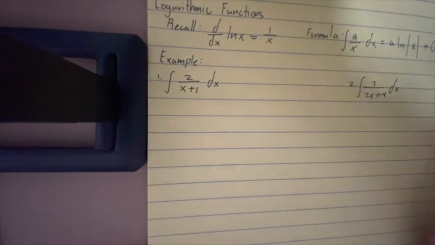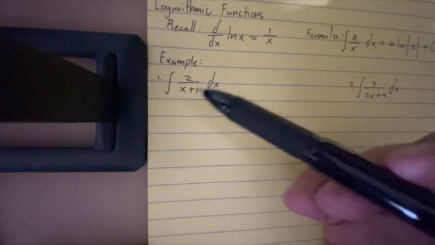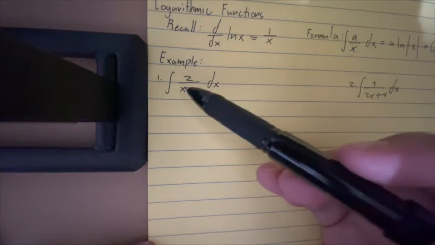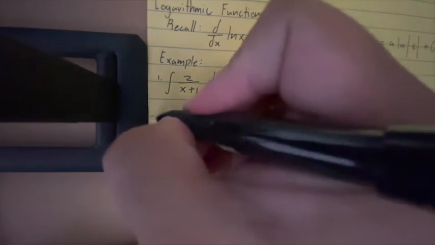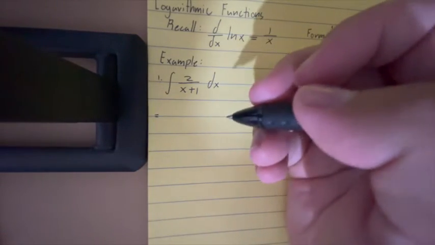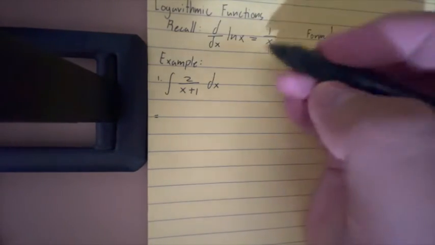For the example, for number 1, the integral of 2 over x plus 1 dx. We're simply going to follow the formula.